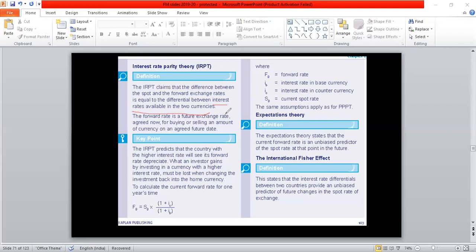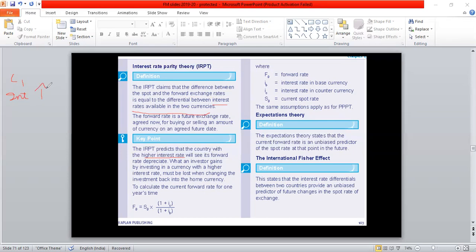Now here it says that the IRPT predicts that the country with the higher interest rate will see its forward rate depreciate. Why would that happen? Logically, think. There is country one. Country one has an interest rate which is higher than the other country.